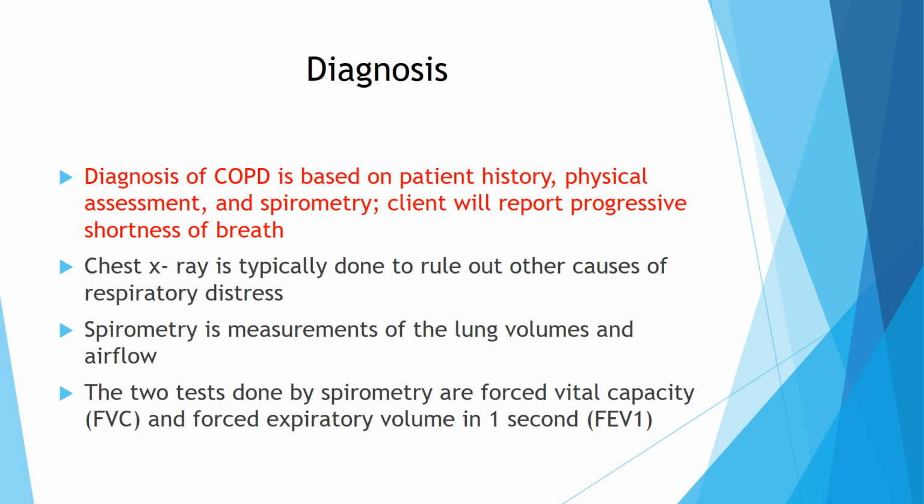A chest x-ray is typically done to rule out other causes of respiratory distress. And again, spirometry is the measurement of the lung volumes and then the airflow. So again, there are two tests that are done with spirometry: the forced vital capacity, the FVC, and then again, the forced expiratory volume in 1 second, the FEV1, the same FEV1 that we spoke about when we were talking about asthma.